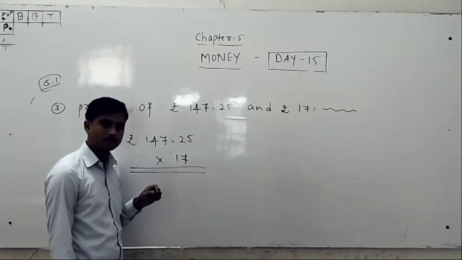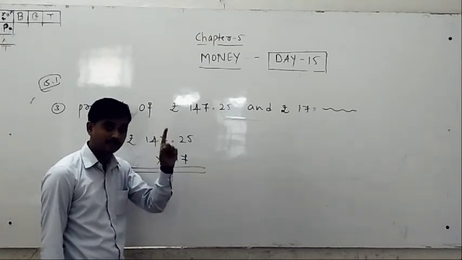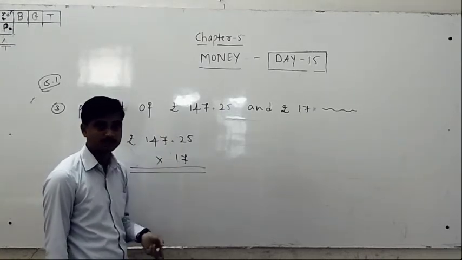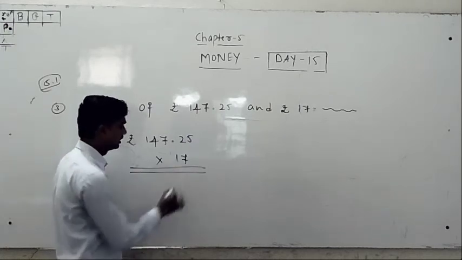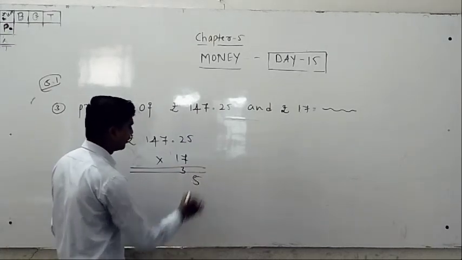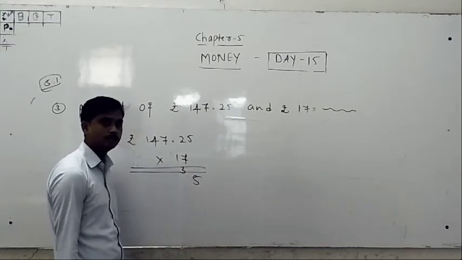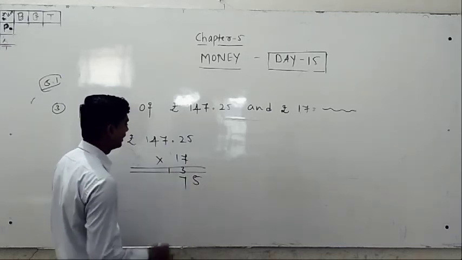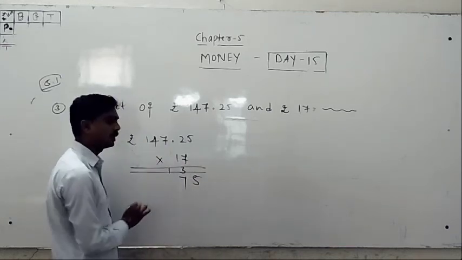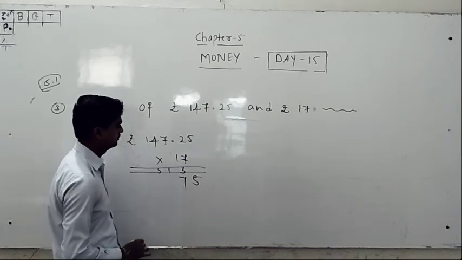You know how to solve a multiplication problem, because we discussed it in the first lesson only. Your lesson is multiplication first lesson. 7 5s are how much? 35. 3 carry and 5. 7 2s are 14 plus 3 is 17. 17, 1 carry and 7. 7 7s are 49 plus 1 it is 50.